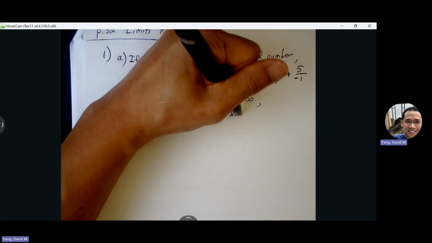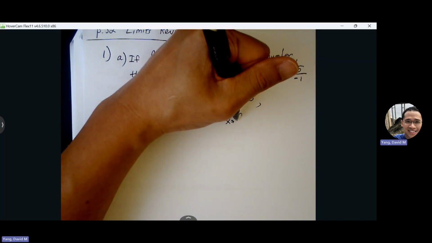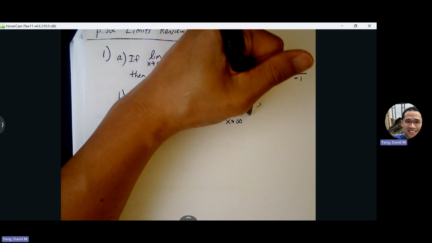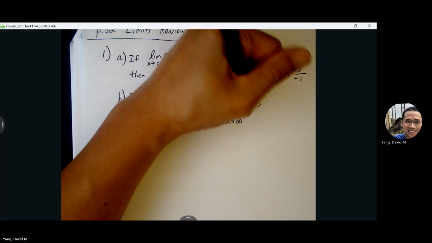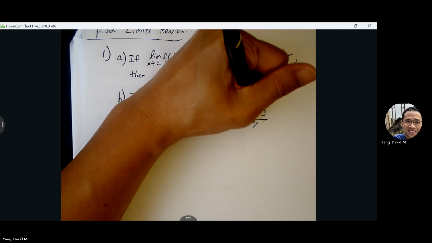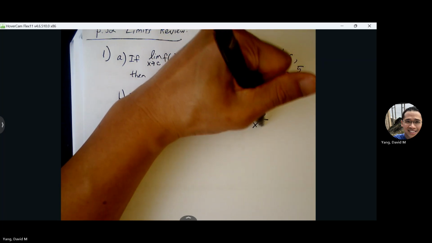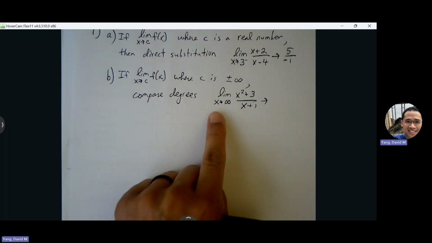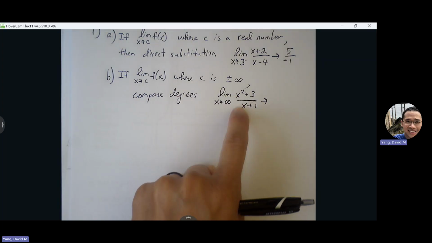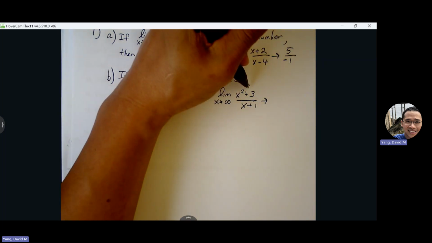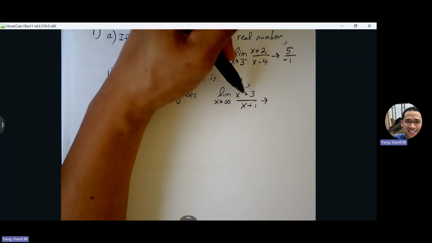So the limit as x approaches infinity of, let's say, you compare degrees. Higher in the numerator than the denominator, then we know that there's no horizontal asymptote.